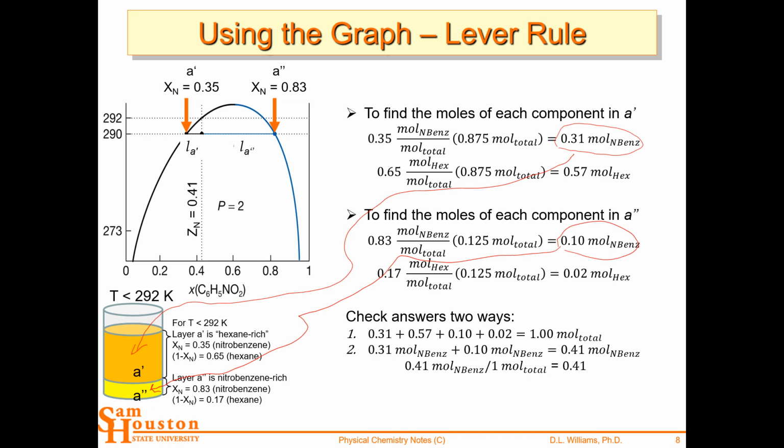And there's a difference between Xn, the mole fraction of nitrobenzene, and the absolute number of moles of nitrobenzene. So there's just a whole lot. Everything's a mole. And so you see how I did the problem. I put subscripts on everything. I put moles of nitrobenzene, moles total, moles of hexane, moles total. Your units are your friends. Use them. They'll keep you straight.